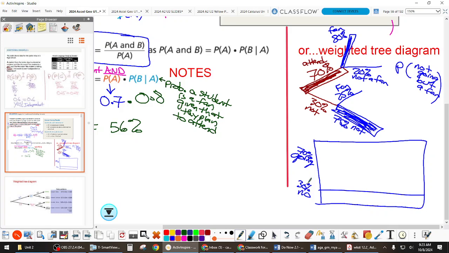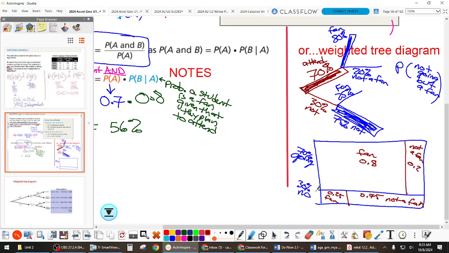Okay? And then in the going category, it was fan, not a fan. So 0.8, 0.2. And in the not going category, it was 0.25 fan, 0.75 not a fan. Okay?